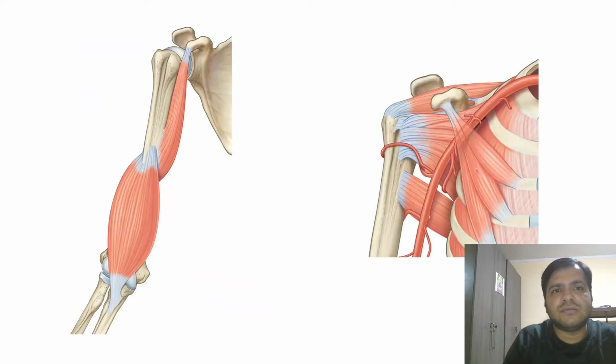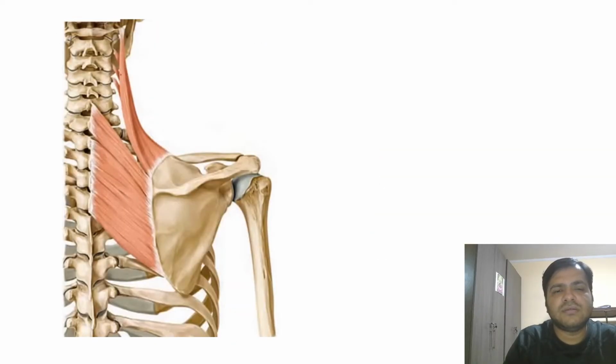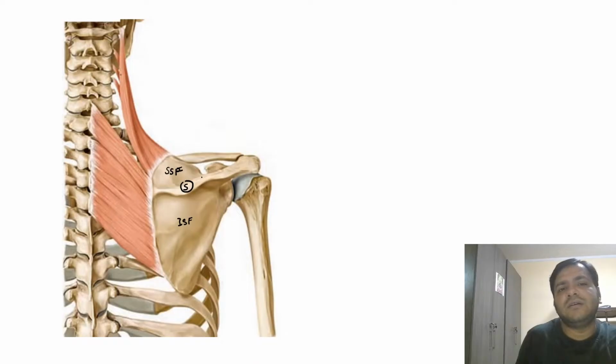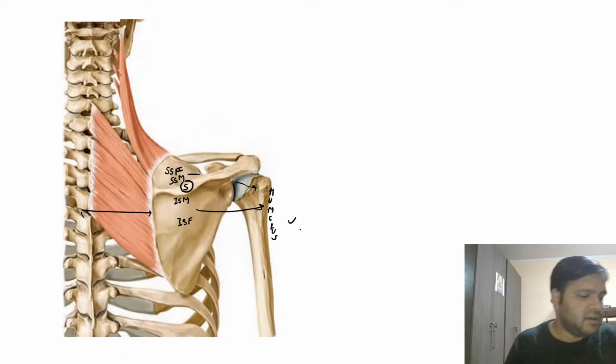This is the scapula, the supraspinous and infraspinous fossa. This scapula is more closer to the midline. So the supraspinatus and infraspinatus muscles originate from the scapula and insert into which bone? The humerus, right?